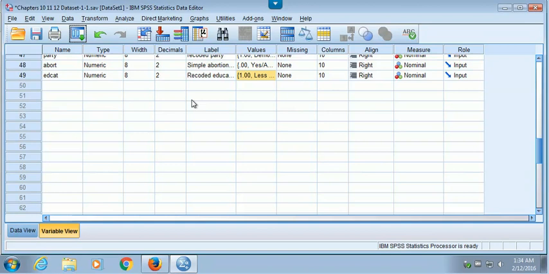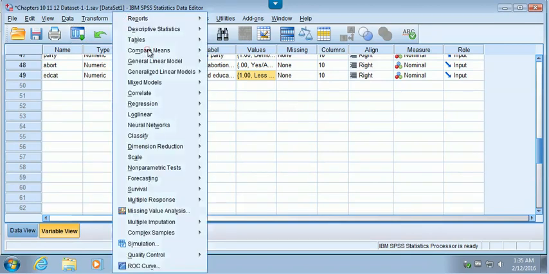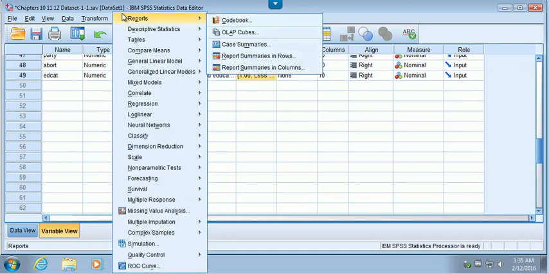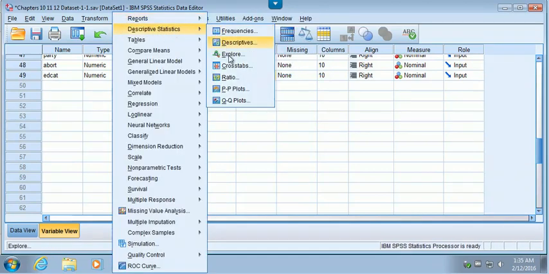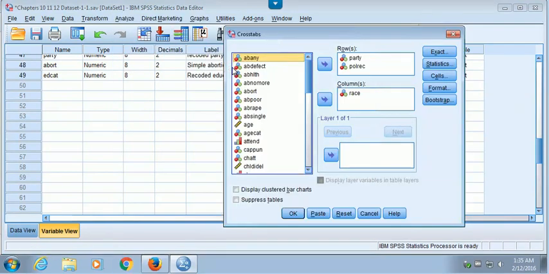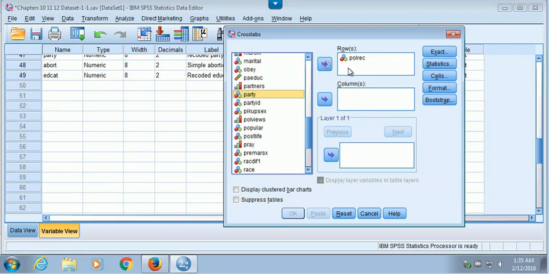So now that we have our new education category recoded, we want to go back to the crosstabs, because this section is looking at whether or not education, or that new EdCat variable, has an influence, or actually can predict one's political views.